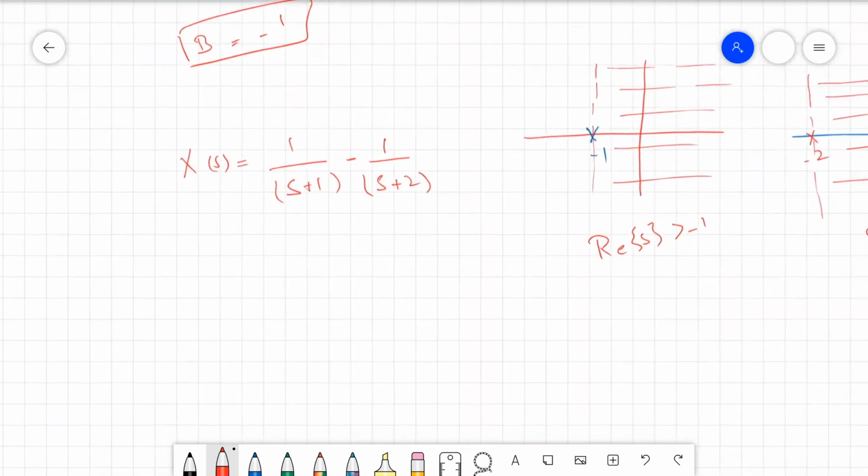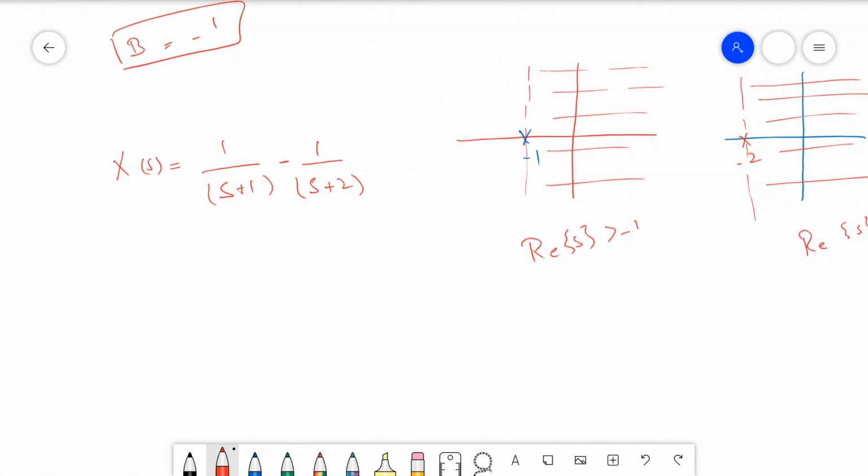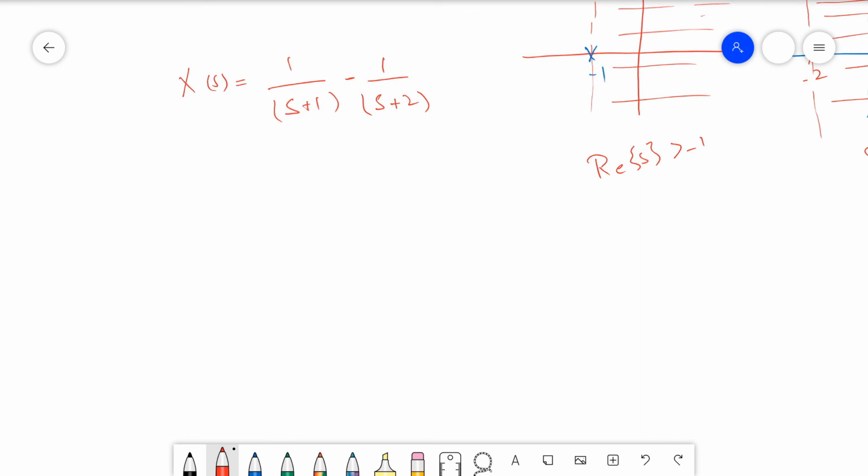Okay, so now we have understood that both of these signals are right-sided signals, as we have seen that if it is bounded by a pole and extends to the right side, then this is a right-sided signal. So for the first term, 1 over s plus 1, we know this is a right-sided signal.